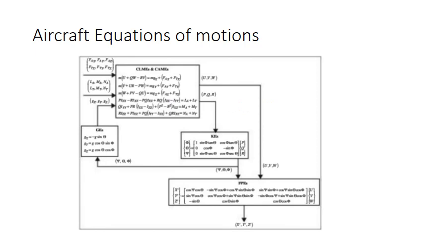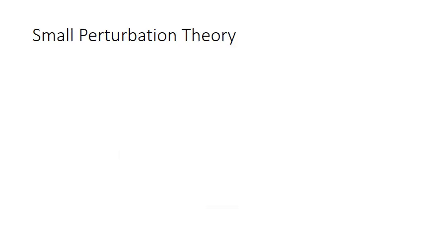Here are the different sets of the airplane equations of motion developed previously. They can be linearized using the small disturbance theory. In this theory, we assume that the motion of the airplane consists of small deviations about a steady flight condition.